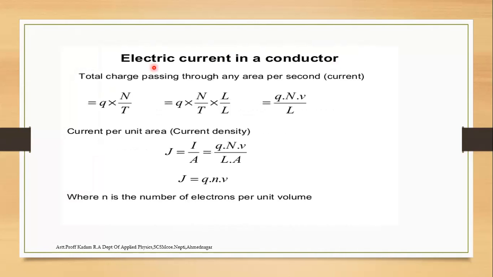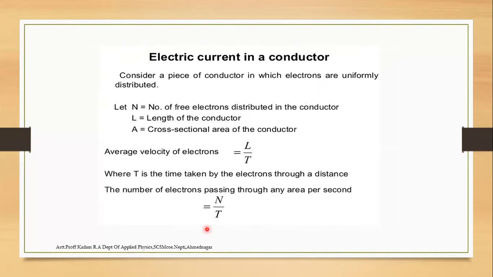The total charge passing through the area per second is the current. So we multiply the charge q by n divided by t, which is the number of electrons passing through the area per second.